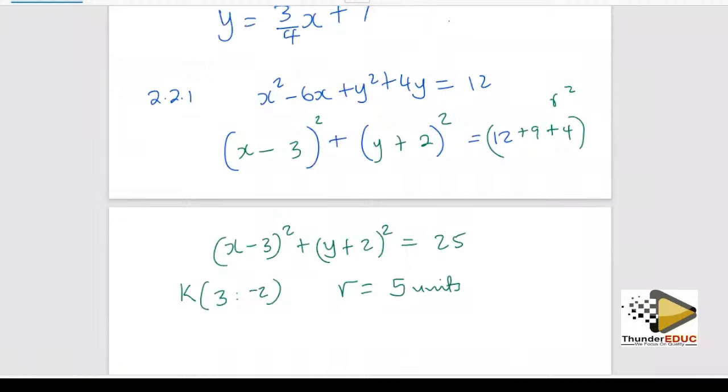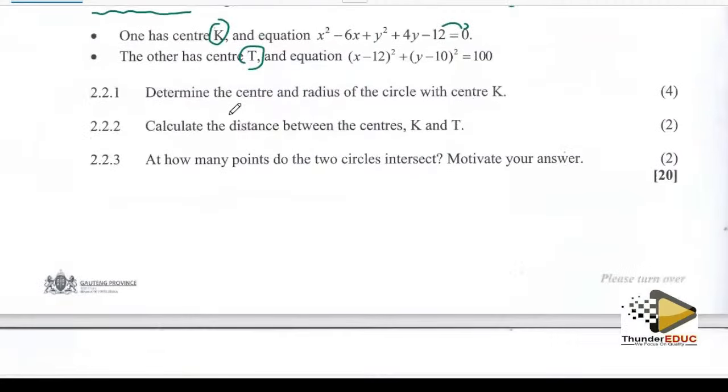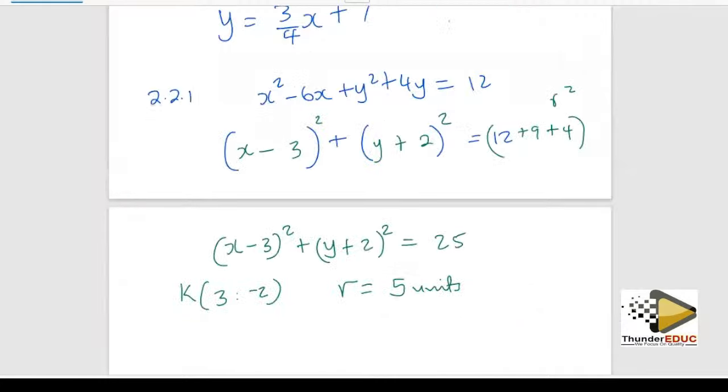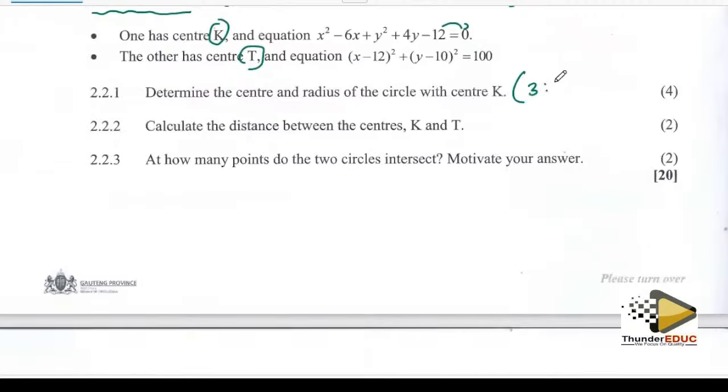Then 2.2.2. So we said this is 3, negative 2, and then our r is a 5. Then they want us to get the distance between the centers, K and T. The distance between the centers.